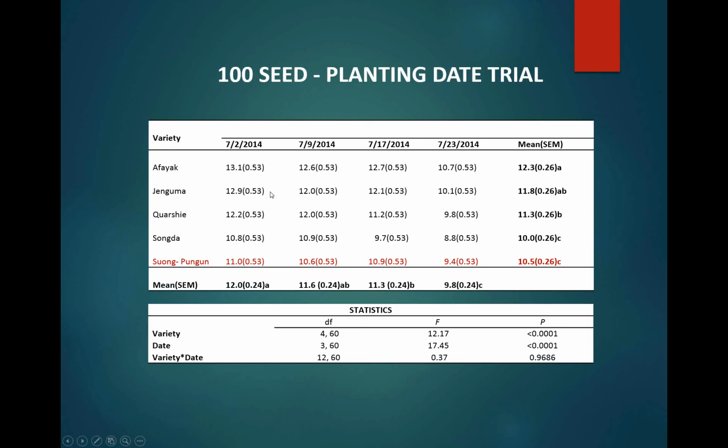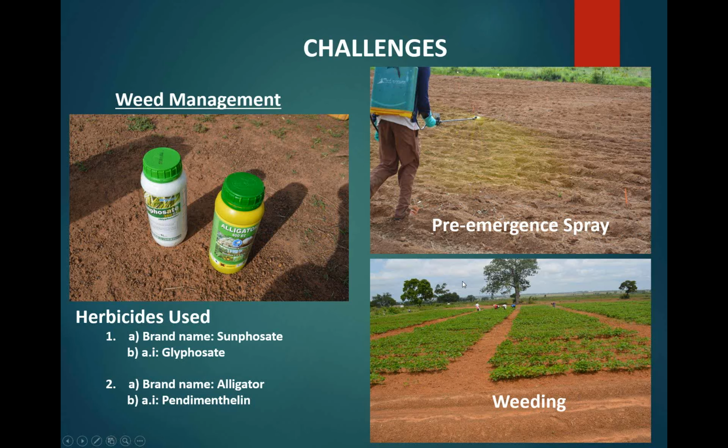Then the first planting date showed a higher weight in terms of 100 seed weight, not different from the second planting date. And the second planting date in terms of weight wasn't different from the third planting date. For the last planting, the seed weight was lower.